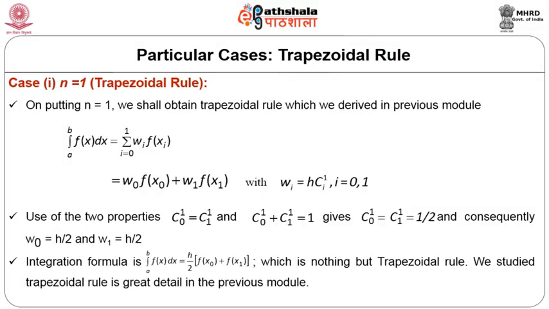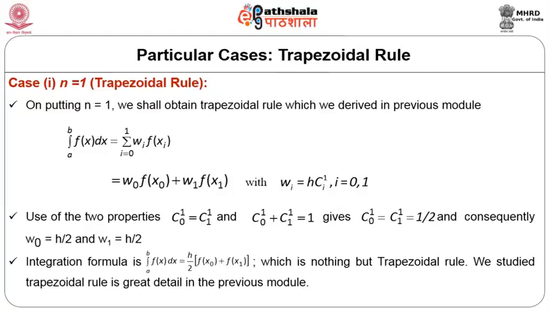Now before we proceed further, let us verify for the case n equal to 1, which we have already studied. If I put n equal to 1, our integration formula becomes the integral from a to b of f(x) dx approximated by w0 f(x0) plus w1 f(x1), where w0 is nh NC0 and w1 is nh NC1, with n being 1. So w0 becomes h into 1C0 and w1 becomes h into 1C1. We need not derive 1C0 and 1C1 from the integration expression.